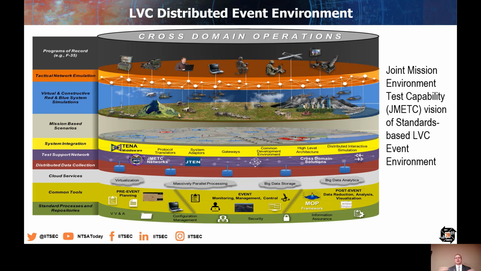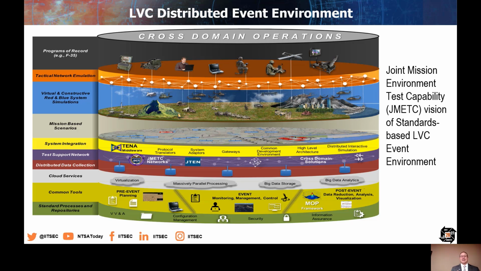So think of this as a layer cake. Let's build it from the top down. We have all these different programs of record, and they want to set up an LVC distributed environment so that they can do either training or testing on their weapon system.